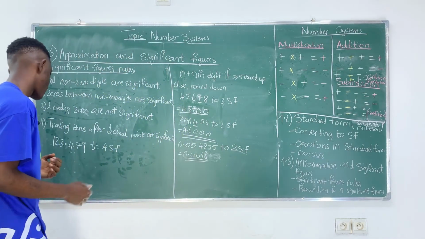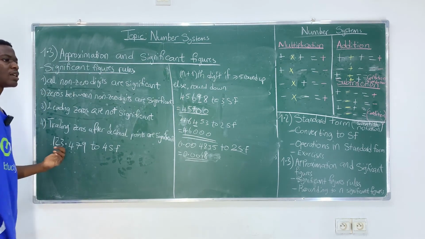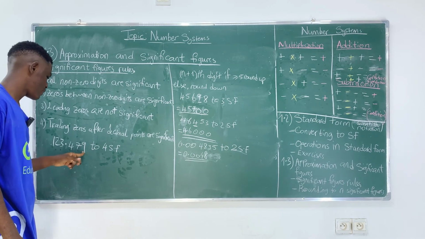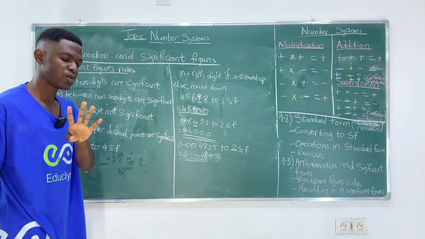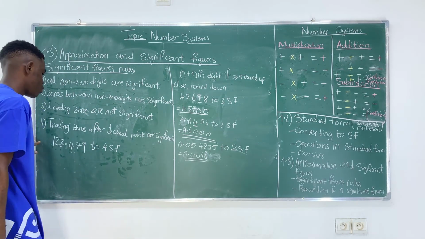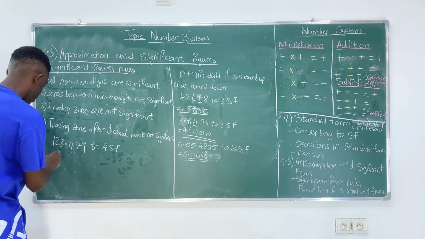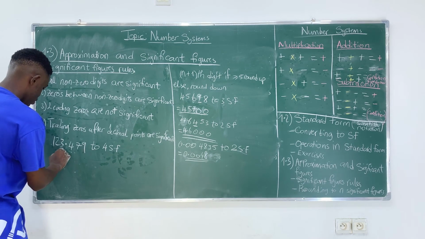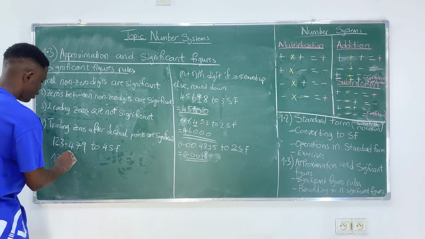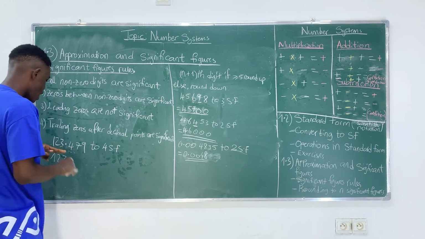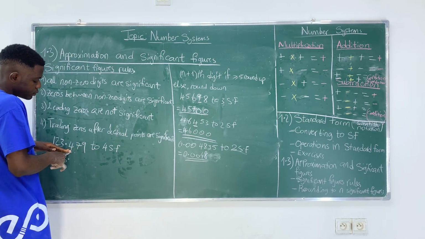How are we going to do it? To change the number to 4 significant figures, this number first has how many significant figures? It has 1, 2, 3, 4, 5, 6 significant figures. And to change it to 4, I write the first 3 significant figures. I'm going to have 1, 2, 3 point. These are my first 3 significant figures.